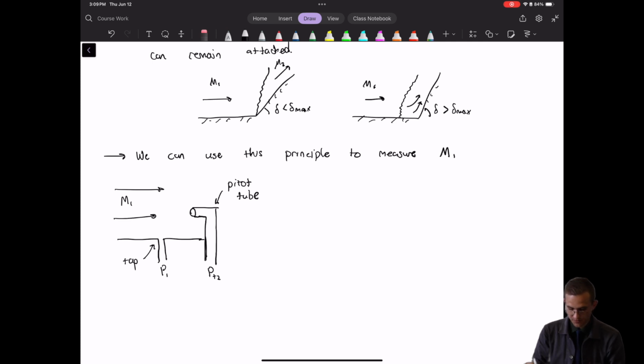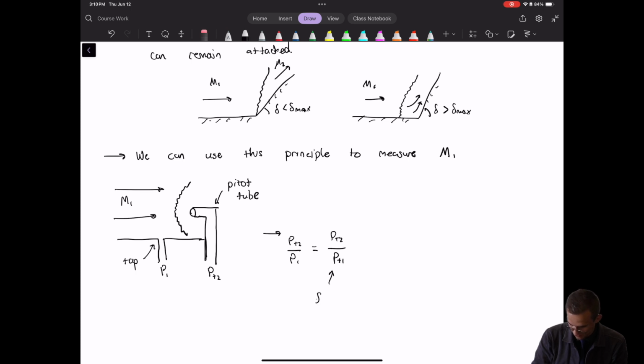What we can do is we know that since the pitot tube is a blunt object, a detached shock is going to form around it, right? And so what we can do is take PT2 over P1 and know that that's going to be equal to PT2 over PT1, and this is going to be some function of M1.